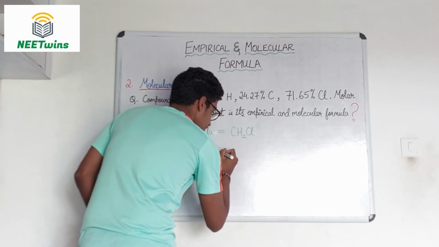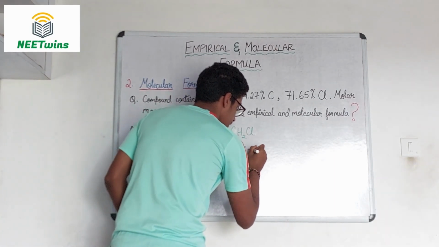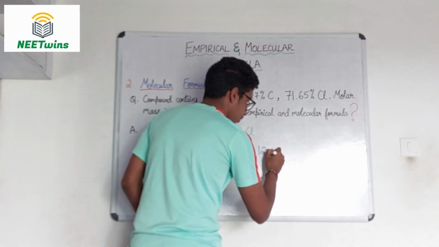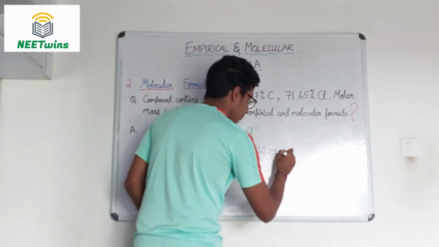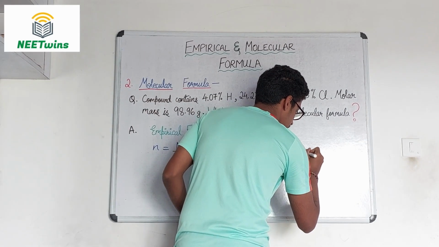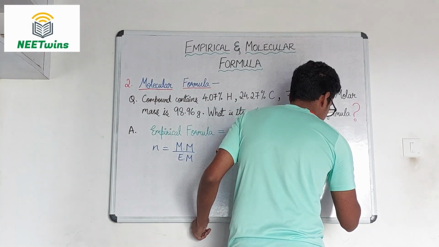So in this case, the empirical mass would be the mass of one carbon atom, which is 12.01, plus mass of two hydrogen atoms, which is 2 into 1.008, and mass of one chlorine atom.